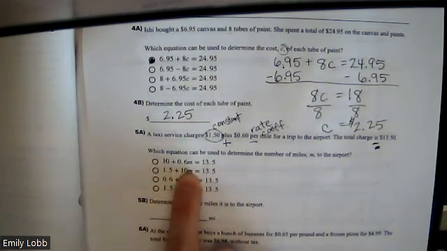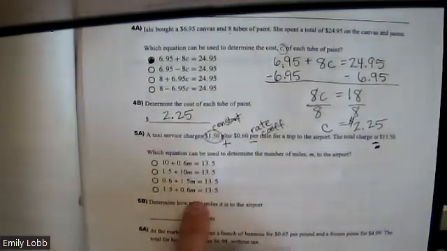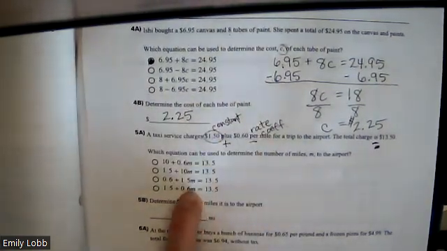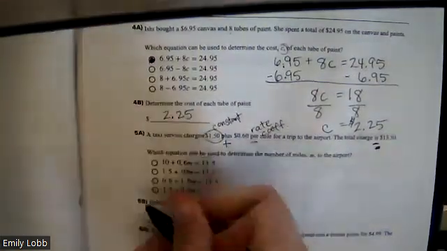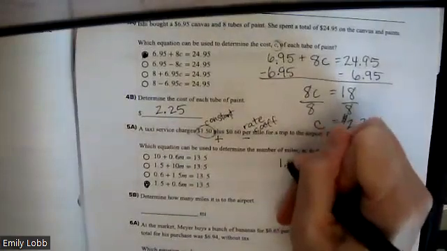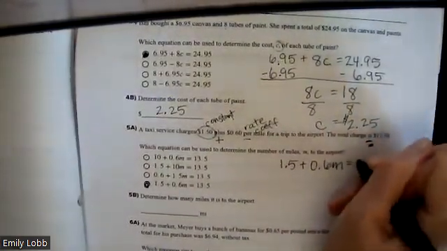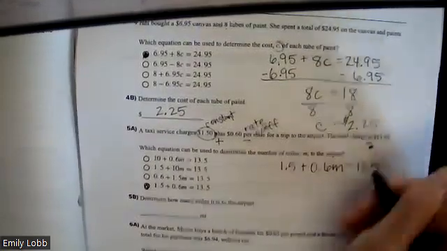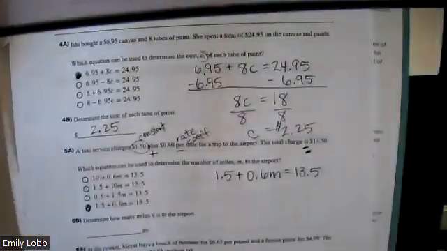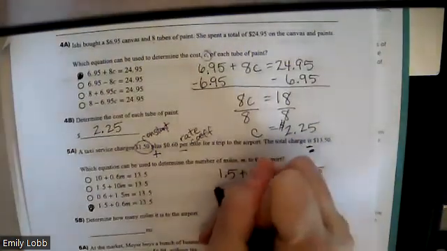One has 10 times M. I'm not sure where that's coming from. So that's a big no. The second one is that 60 cents per mile. So 6/10 times the number of miles. So now we just have to solve 1.5 plus 0.6M is equal to 13.5. What do you do first? Yes, good. We got to get rid of the constant.